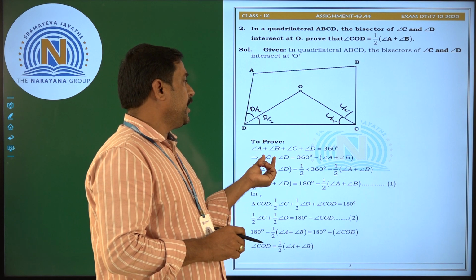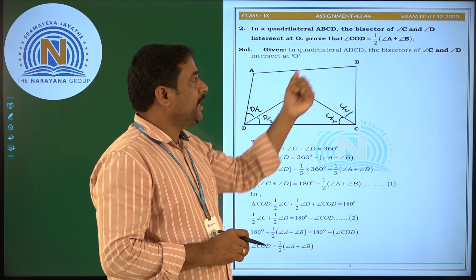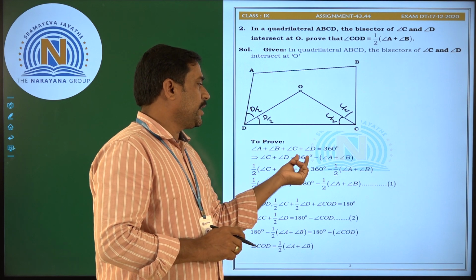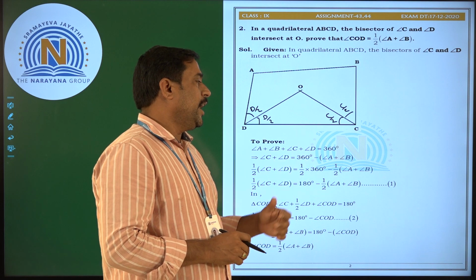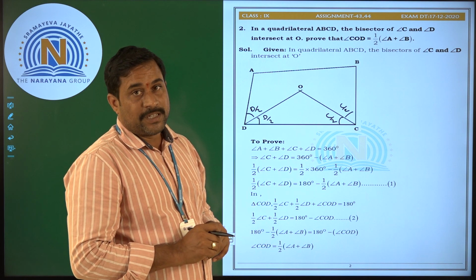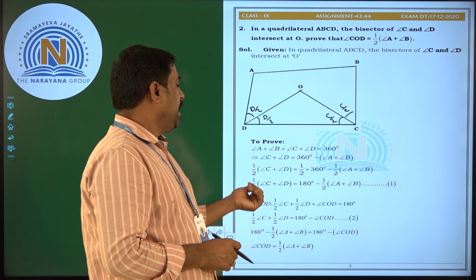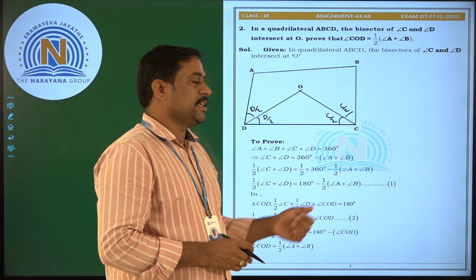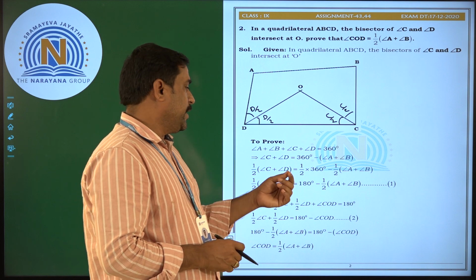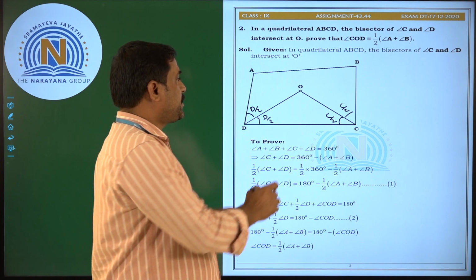So here I am taking angle C plus angle D, which I can write as 360 minus angle A plus angle B. Dividing both sides by 2, I get 1 by 2 of C plus D is equal to 180 minus 1 by 2 of A plus B.